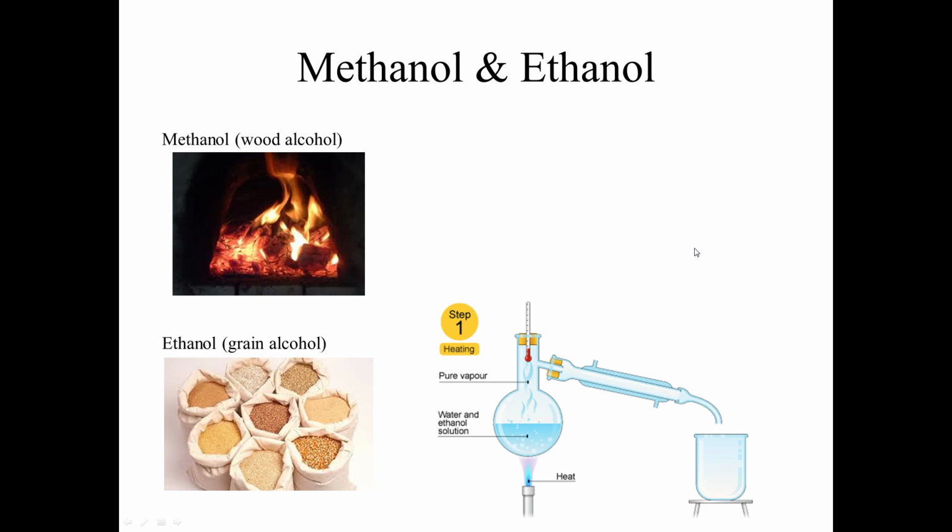This is called distillation, where you use a difference in boiling point of two molecules, and you can separate one from the other. So if you have a mixture of alcohol and water, in this case we're using ethanol, mix them into a flask here. And if you start heating this flask, the boiling point of the ethanol is a little lower than the boiling point of the water.